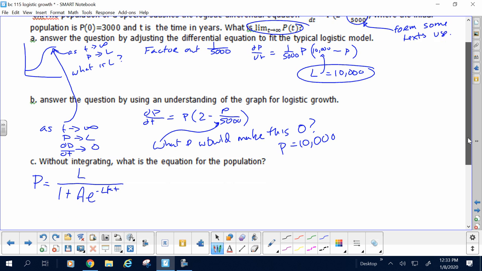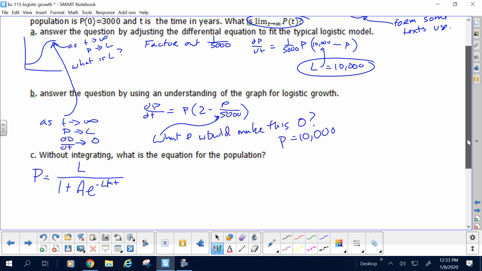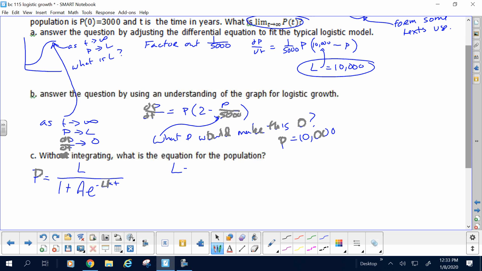And to actually complete the equation, we need three things. We need to identify what's L, we need to know what's K, and we need to know A. So, what is L? 10,000. We found that already, okay?